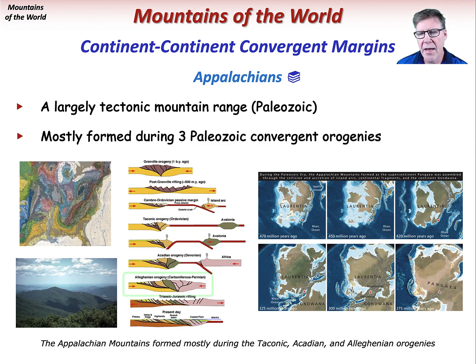And finally, the Alleghanian orogeny occurred during the latest Mississippian, Pennsylvanian, and Permian periods, and involved the collision of Laurentia, proto-North America essentially, with Gondwana, the great mass of southern continents that included South America, Africa, and others, to ultimately form the supercontinent Pangaea.